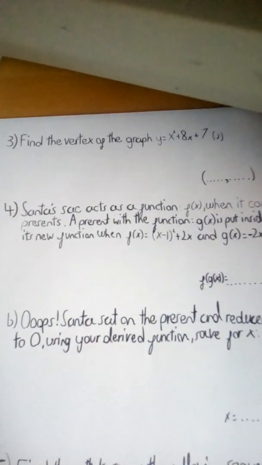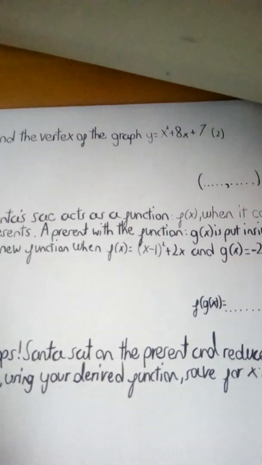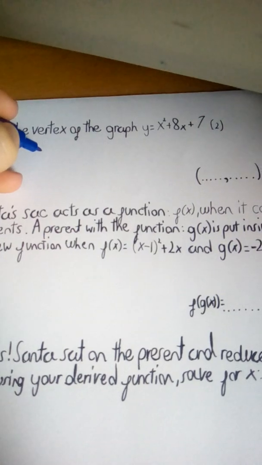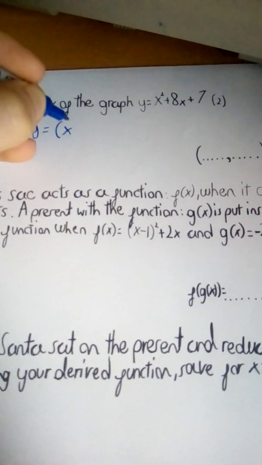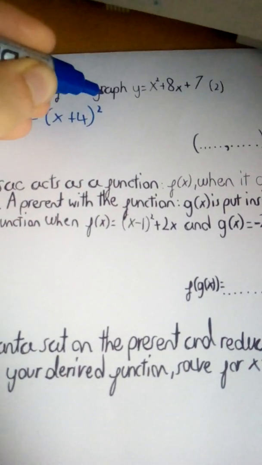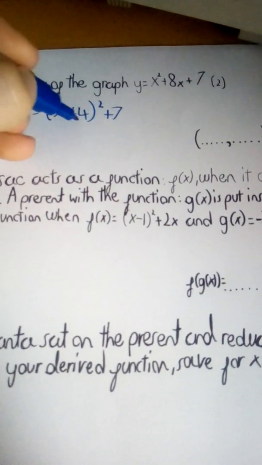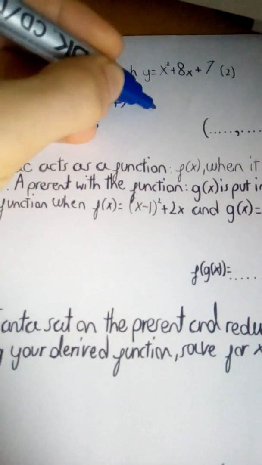It's find the vertex of the graph of y equals x squared plus 8x plus 7. So we're going to have to complete the square to get that y is equal to, then x, we need half the middle number, plus 4 all squared. We have a plus 7 on the end, but we need to take away this squared, so that would be minus 16.